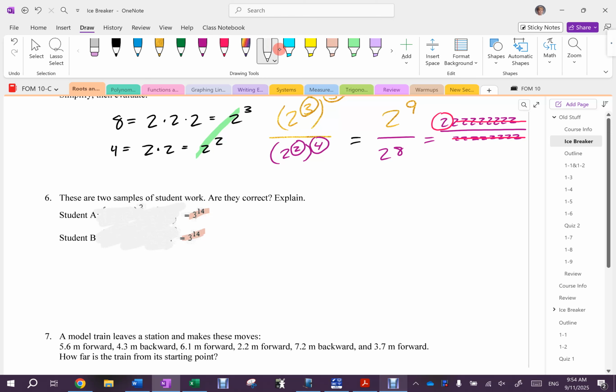But one of those kids does not understand exponents, and I need to fail them on this question. Which kid is not right? A is absolutely wrong. This is correct.